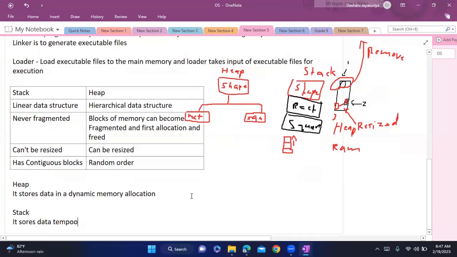It is storing data temporarily. It removes data when the task of execution is completed.